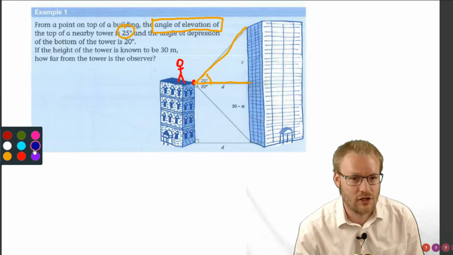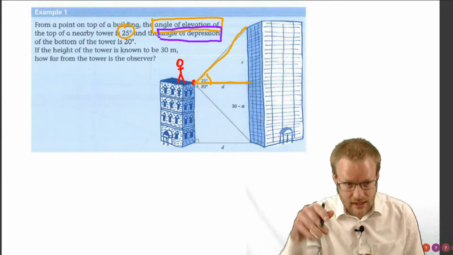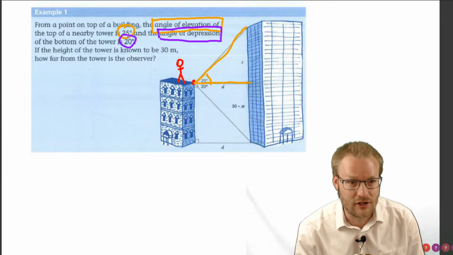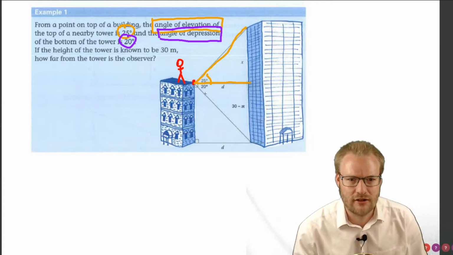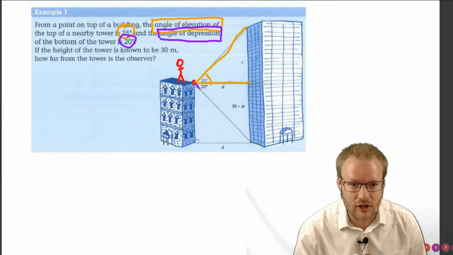Then we're also told that the angle of depression, that means looking down, is 20 degrees. So just reconfirming those ideas of elevation and depression. If we're looking down, compared to looking across, then we've got 20 degrees.